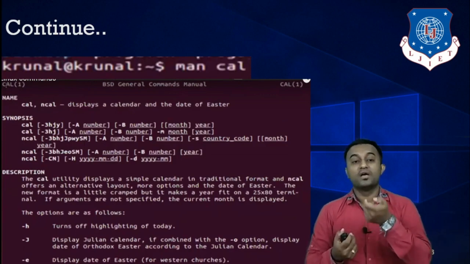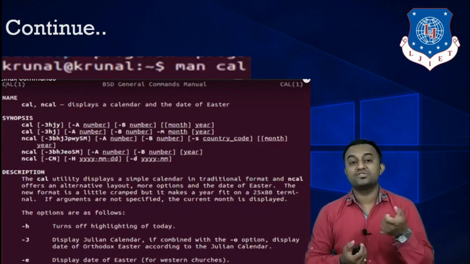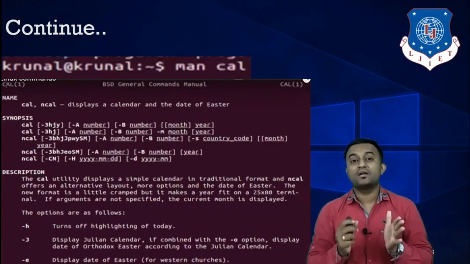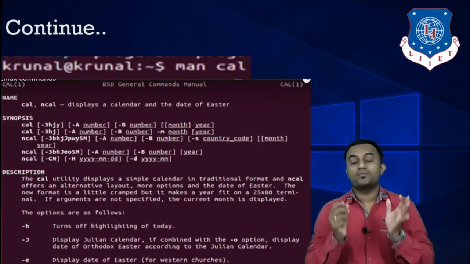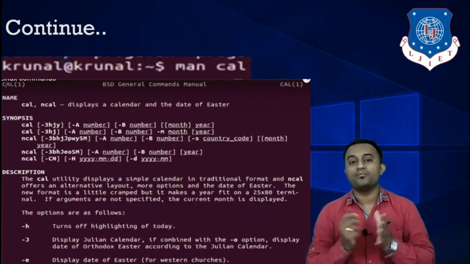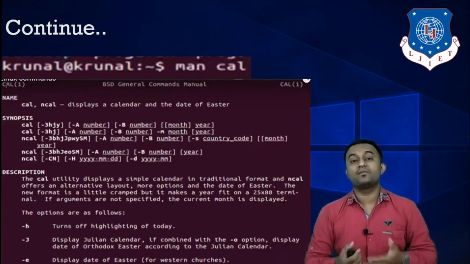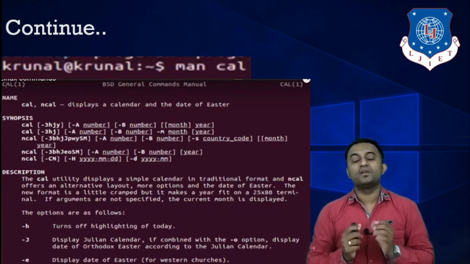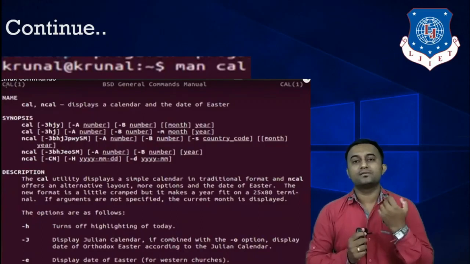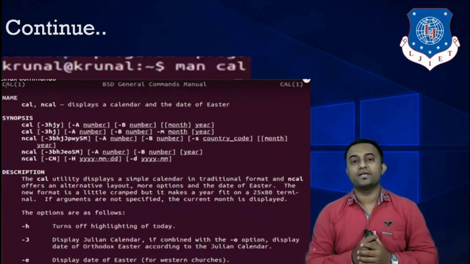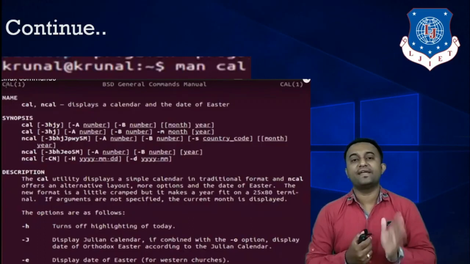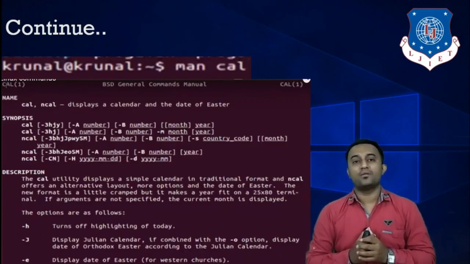If you use the cal command with -j, the calendar of a particular month will be displayed in Julian form. If you use -h, it will turn off the highlighting of the particular day, which is the default setting. If you want to change it, you use -h with the cal command.